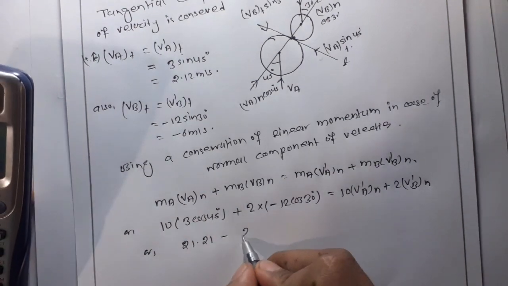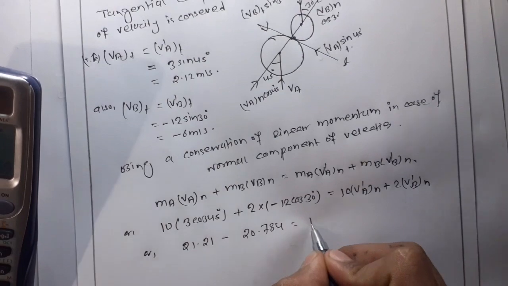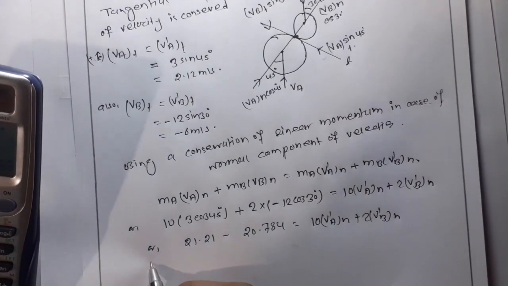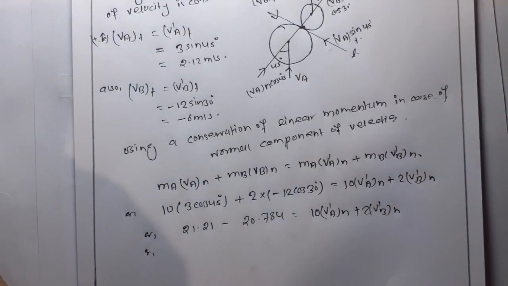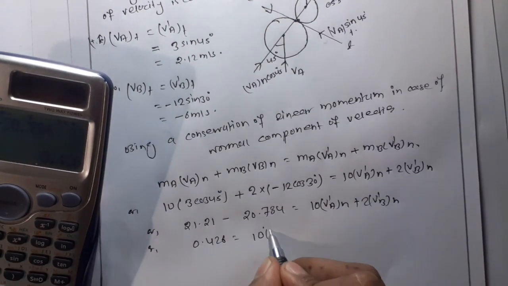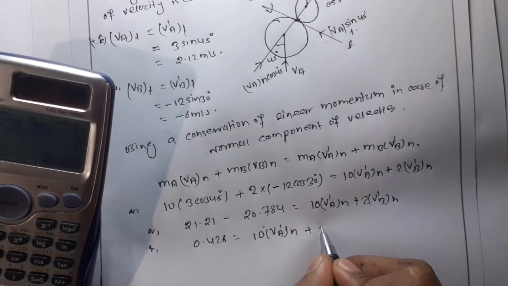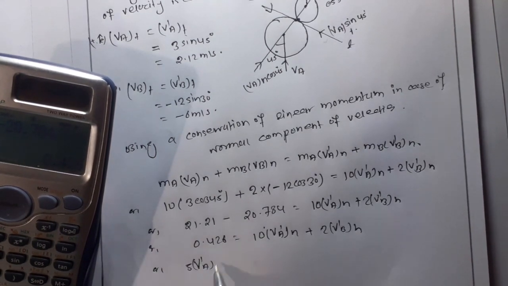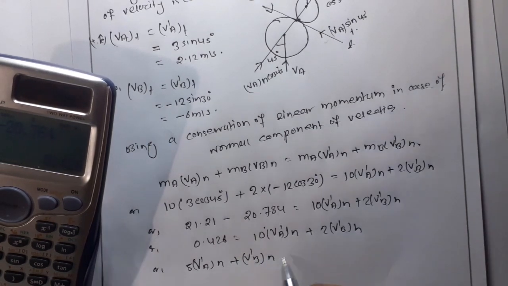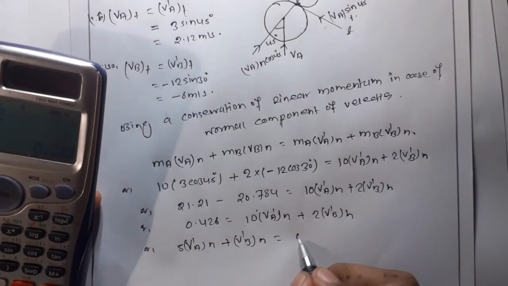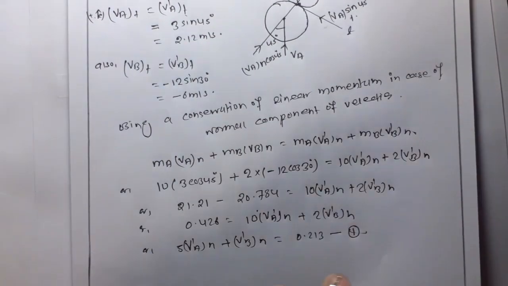So this is 20.784 equal to 10 v'An plus 2 v'Bn. So 21.21 minus 20.784 gives 0.426 equal to 10 v'An plus 2 v'Bn, or 5 v'An plus v'Bn is equal to 0.426 divided by 2, which is 0.213. So this is equation number 1.